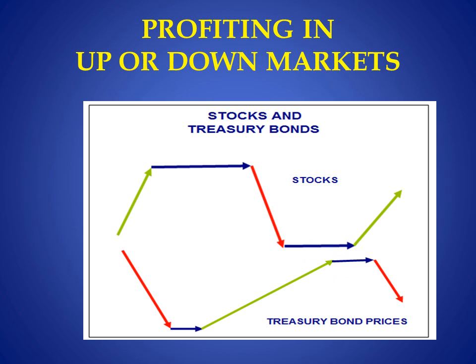So the bottom line is you're always invested. In this phase, you are invested in stocks, but then you switch to bonds. Here you switch to stocks and you get out of bonds. So this is a way of profiting in up or down markets.